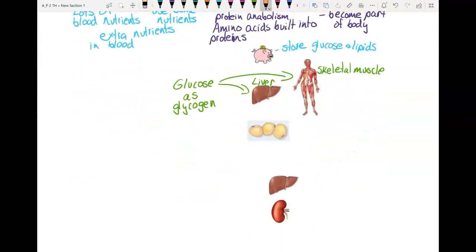Then your triglycerides you're going to store in your adipose. And remember back in chapter 5, learning all the tissues, adipose just means your fat tissue. So your triglycerides get stored in your adipose or your fat.